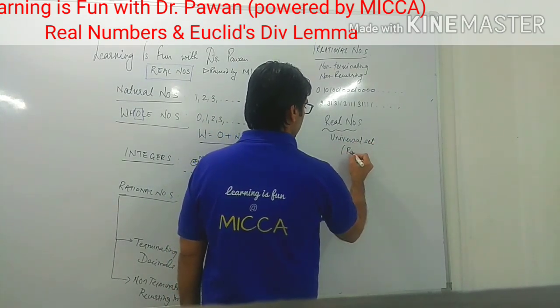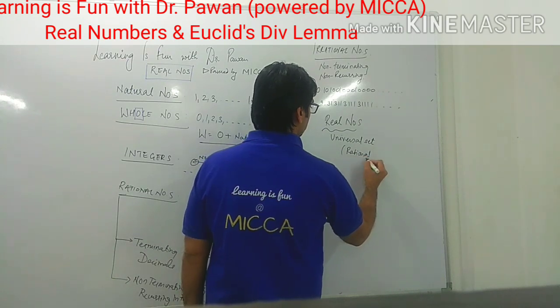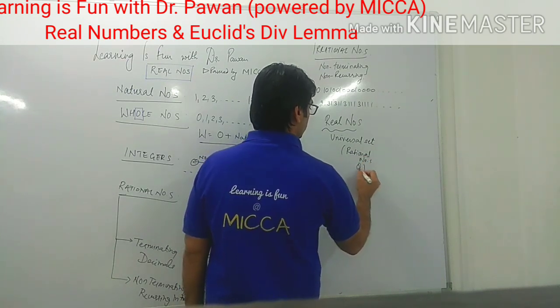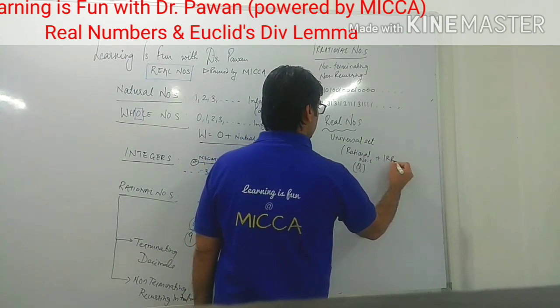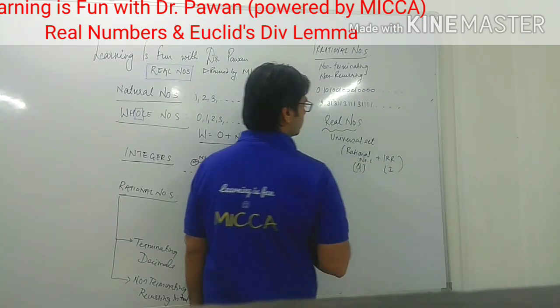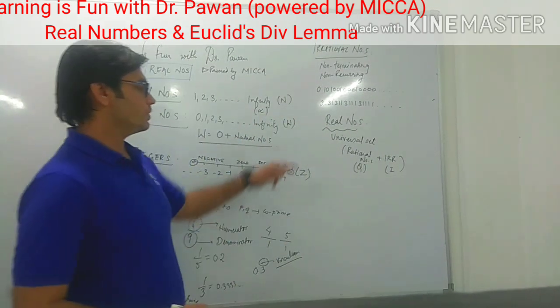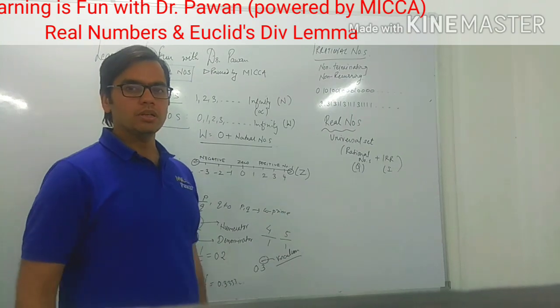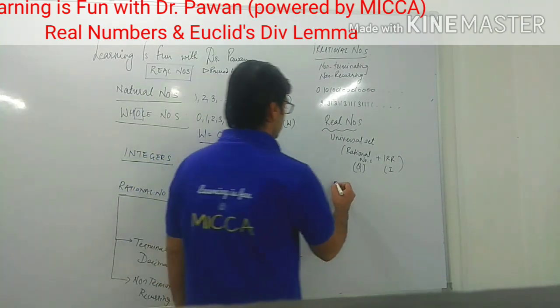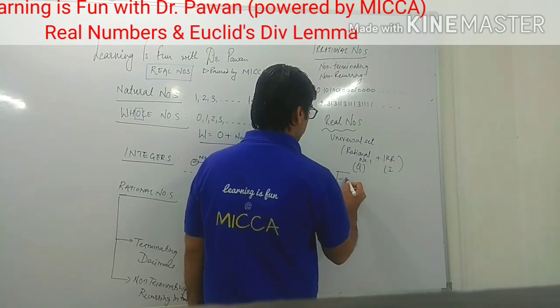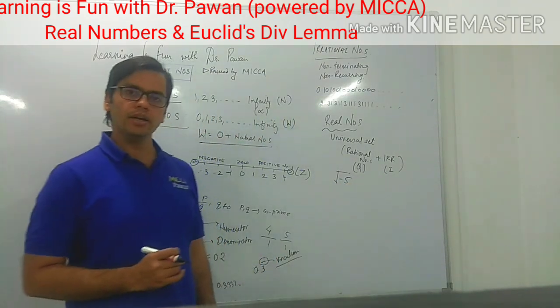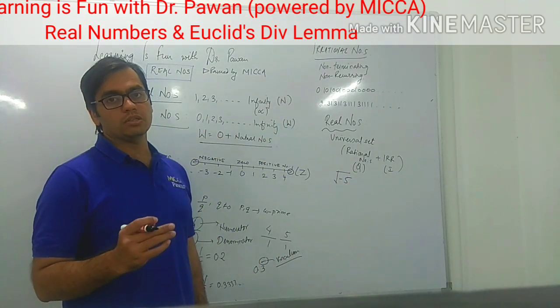Okay, as the rational numbers denoted by Q plus irrational numbers denoted by I. Okay, all the numbers belong to real numbers except root of negative numbers. So if you have root of -5, this is not a real number.